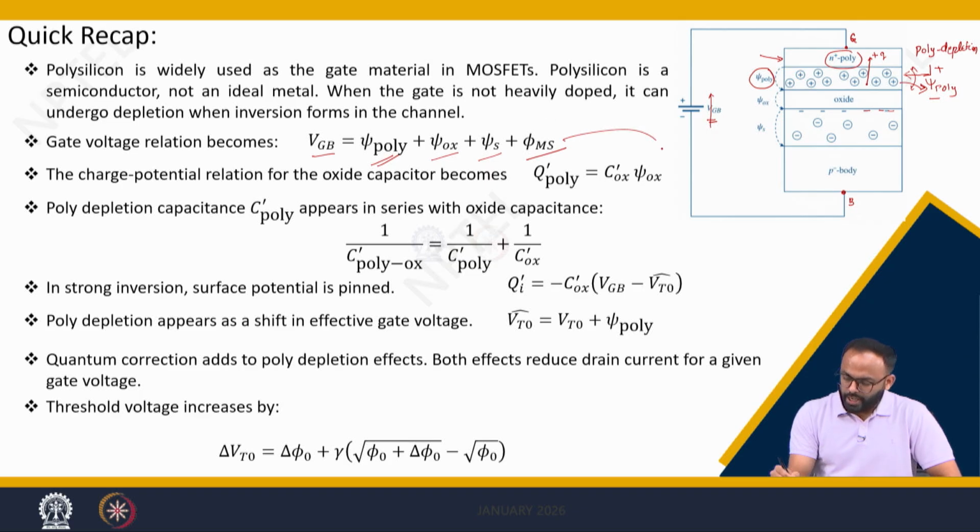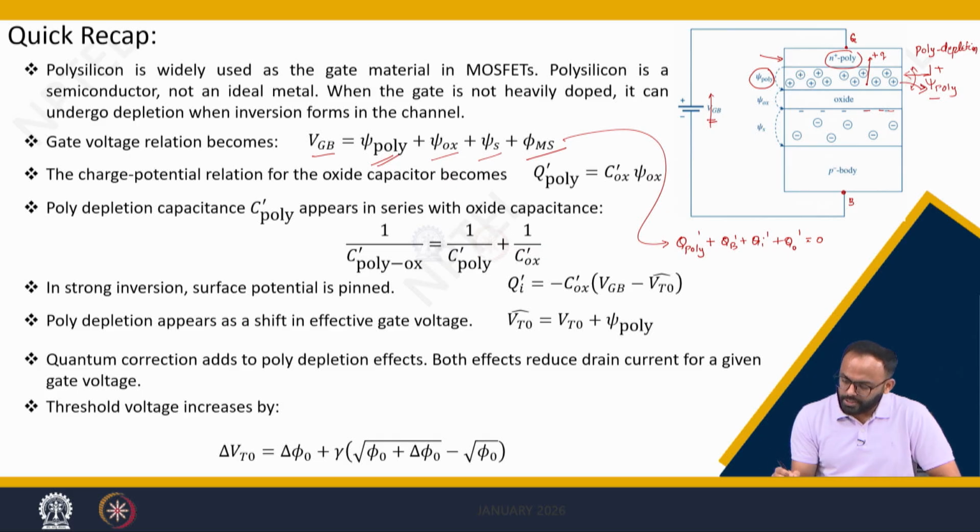This change in the potential balance equation will also change the charge balance equation, that is, the total charge balance equation for this system is Q poly dash plus QB dash plus QI dash plus Q naught dash equals 0.